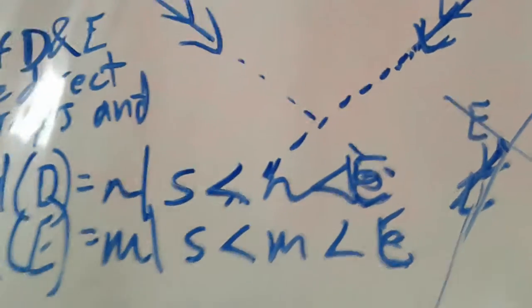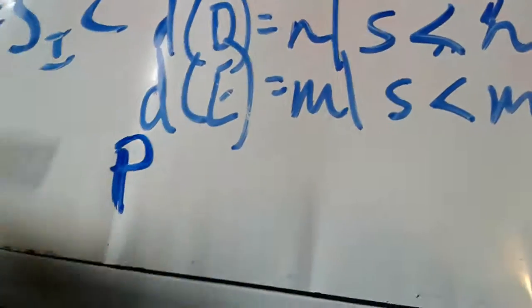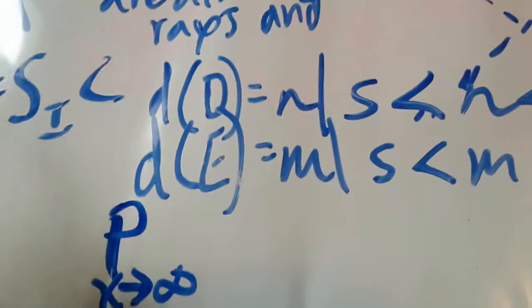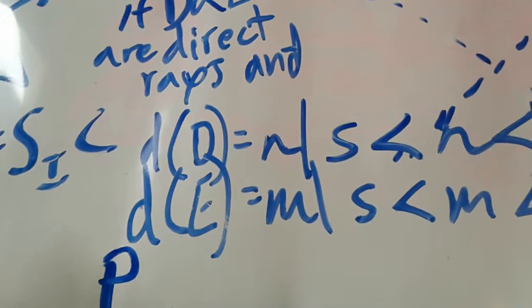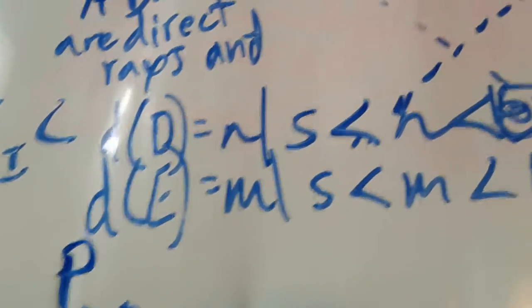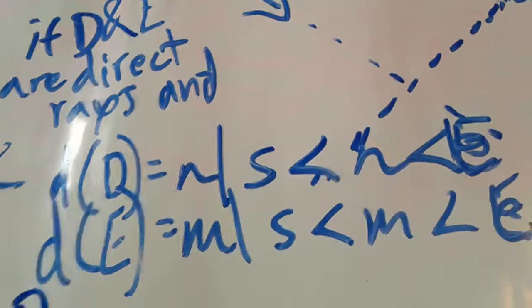We can do a position by doing p, and then as x approaches infinity. Because we need to find some sort of method, from left to right is when x approaches infinity, and then x approaches negative infinity is when you go from right to left.